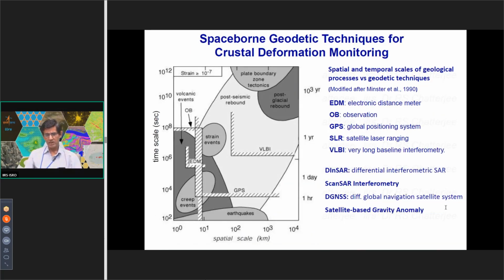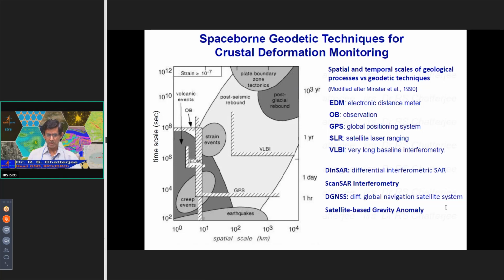Now, depending on the spatial and temporal scales of geological processes like earthquakes and other processes, different spaceborne geodetic techniques are available. Different techniques are recommended for measuring and monitoring these geological processes.